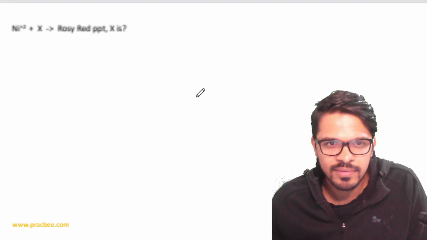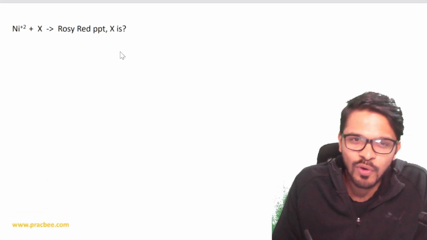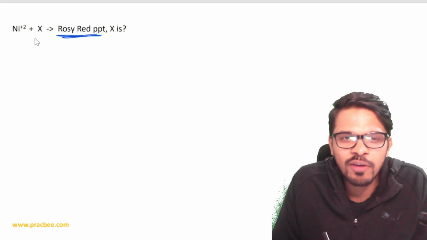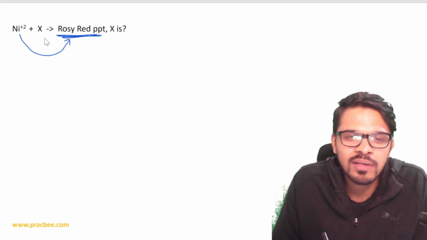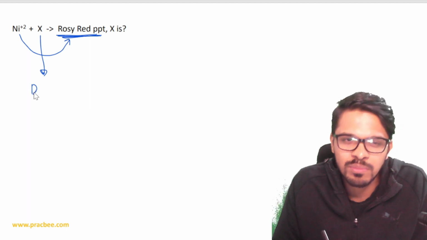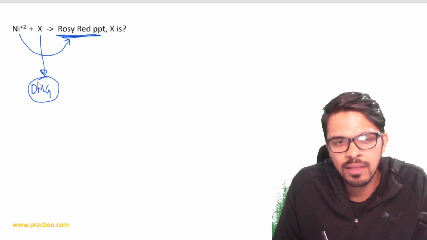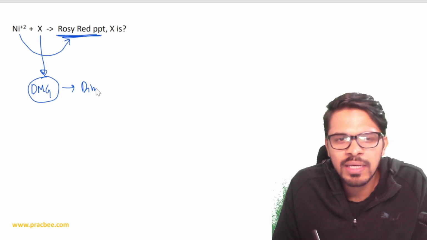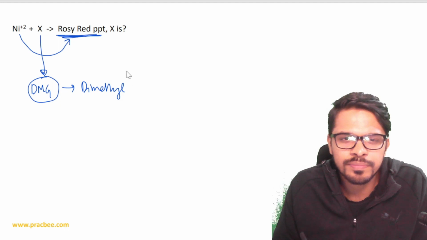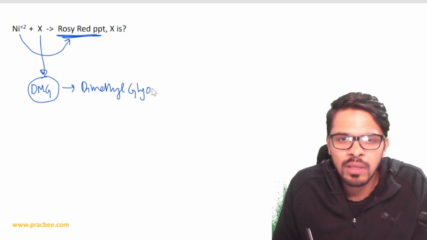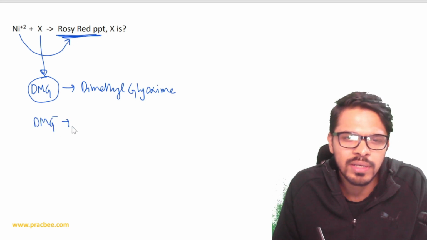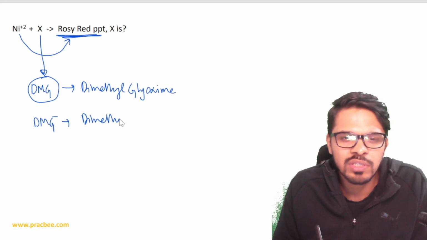A beautiful question from coordination compounds. We know if we have a rosy red precipitate from nickel, the ligand has to be DMG. In the question they were asking the ligand itself. DMG is basically dimethylglyoxime, and if it is DMG minus, we usually call it dimethylglyoximate.